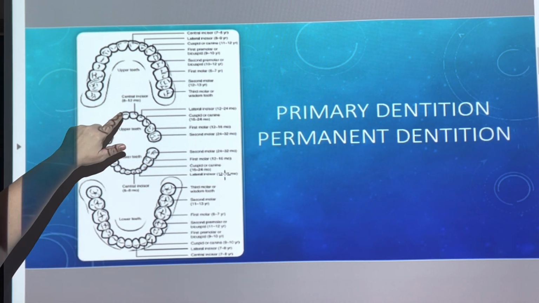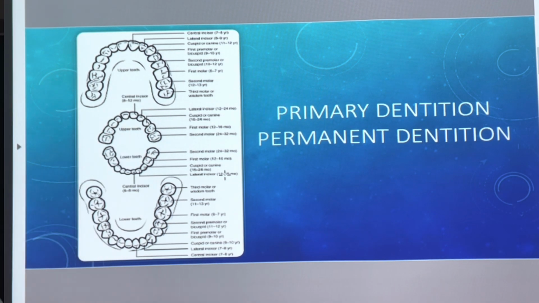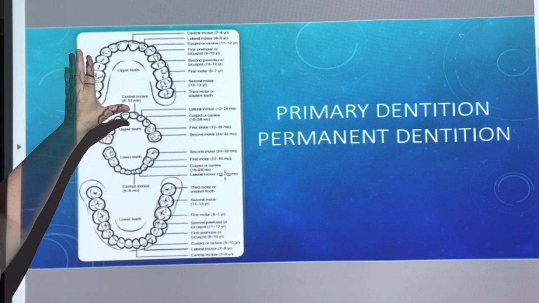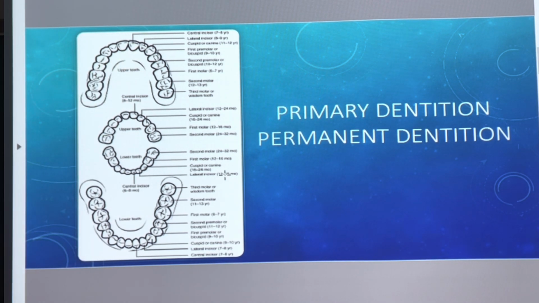And so we have the central, lateral, canine, first molar, second molar. As these teeth are lost, they're replaced with the permanent teeth. And we're going to look at an x-ray where in between this stage, you have some baby teeth, some permanent teeth, and we call that mixed dentition.